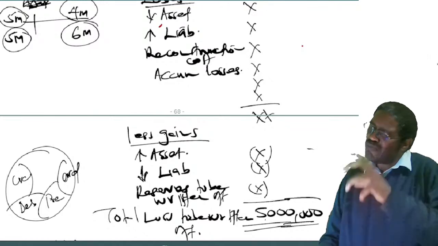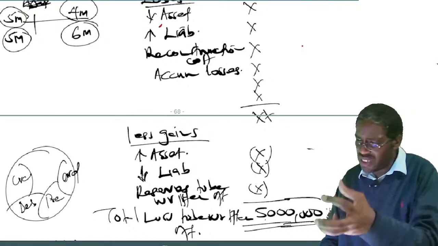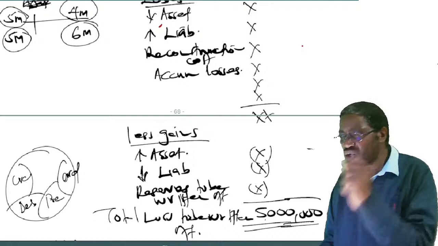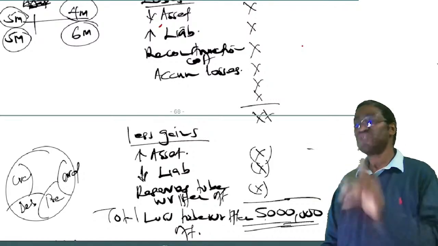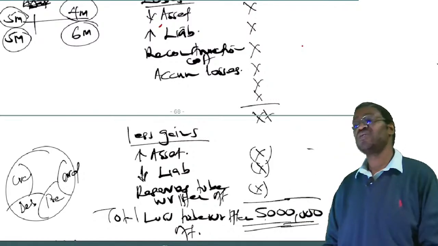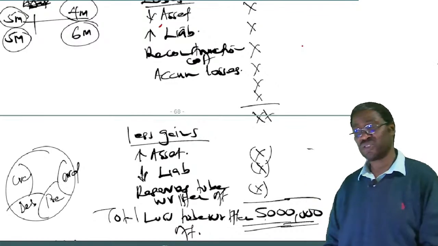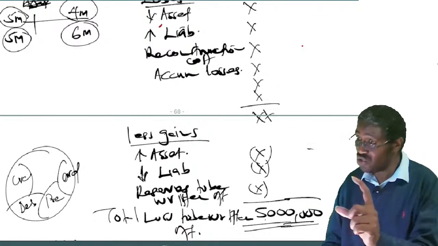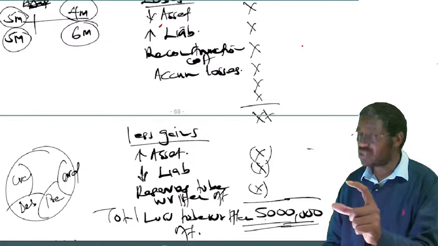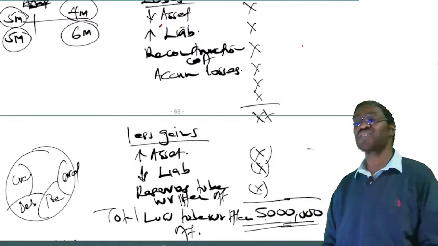But the moment you start reconstructing the company, we said that contingent liability should be crystallized. By debiting, you remember, capital reduction, and you credited contingent liability.